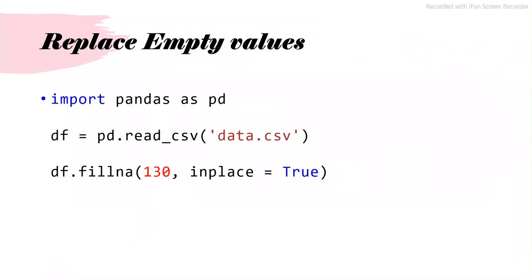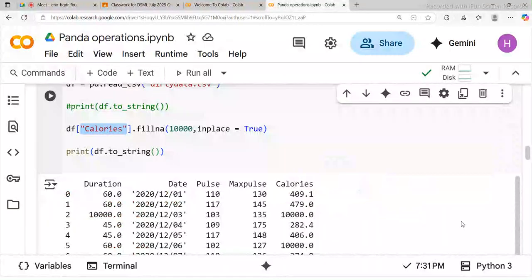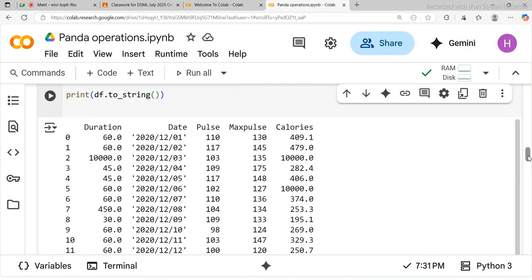Now the next one. What I showed you is replacing the value with some constant value, like 10,000 or 130 or 150, whatever it is. But that is not a reasonable way of filling it. For example, if any value is missing in the calories column, you can look at the values in the calories column.